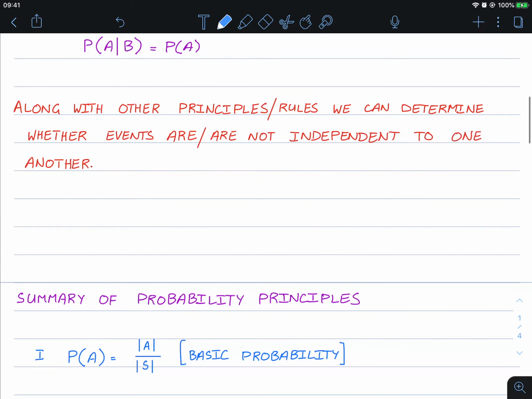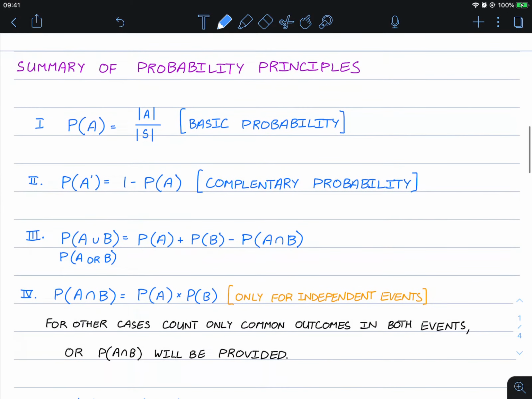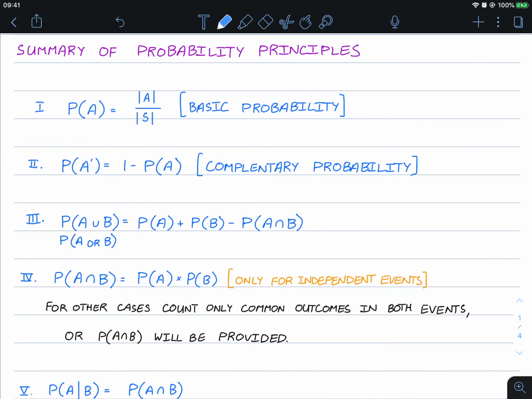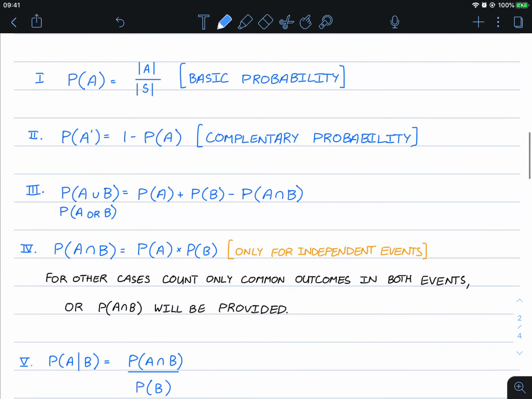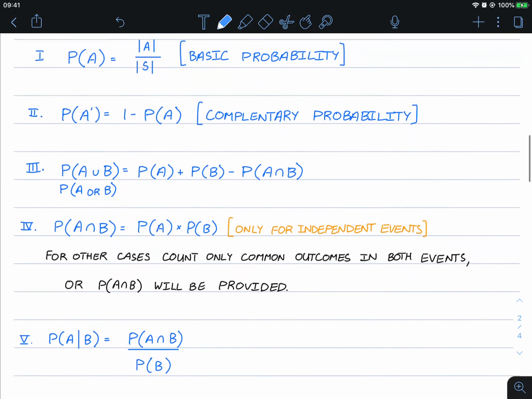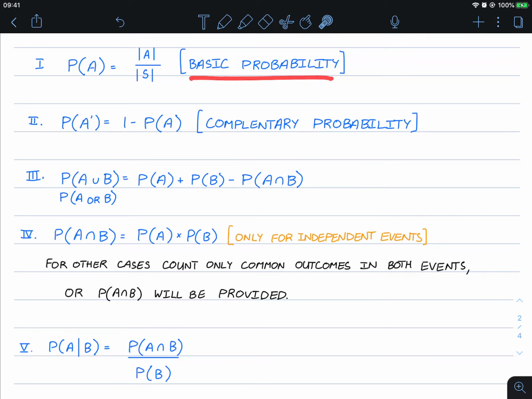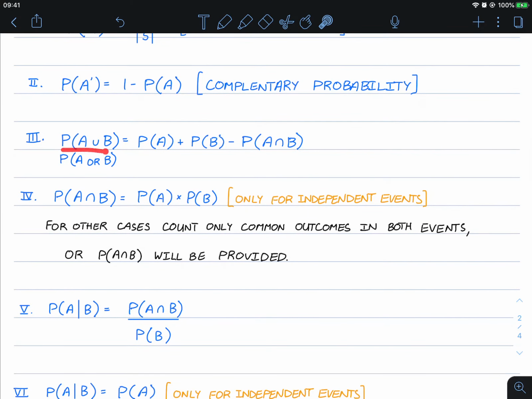Along with other principles and rules of probability, we can determine whether events are or are not independent to one another. Here's a summary of all the different probability principles and rules, although I've actually left out a few here. These are just mainly the ones with set notation. So basic probability, complementary probability, the sum rule for probability.